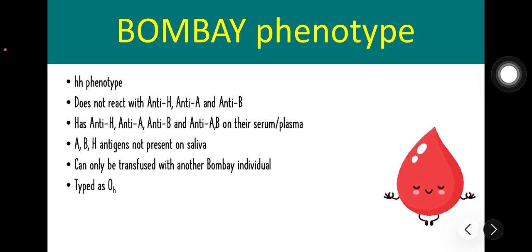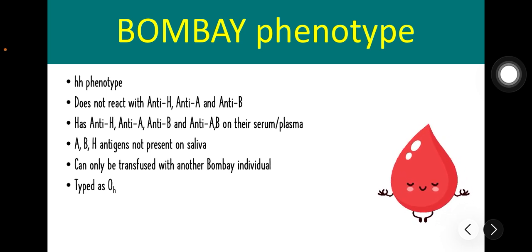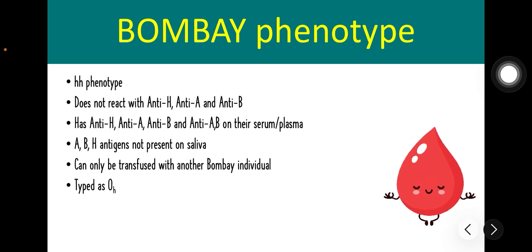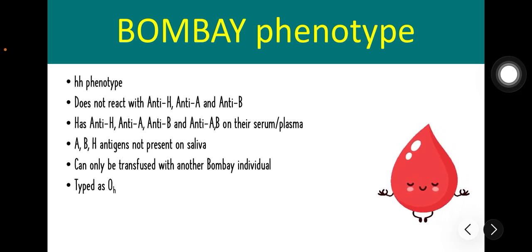So the critical difference between a normal group O individual and a Bombay individual lies in the H antigen. Normal group O individuals have the highest concentration of H antigens on their RBCs, while the Bombay phenotype, because they inherit the rare small h genotype, do not produce the enzyme L-fucosyl transferase needed to create the H antigen.